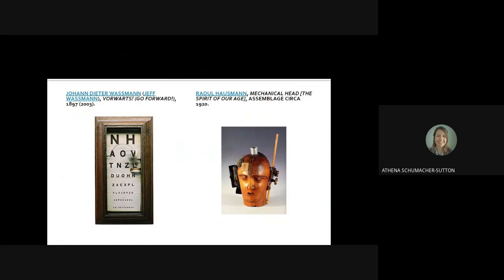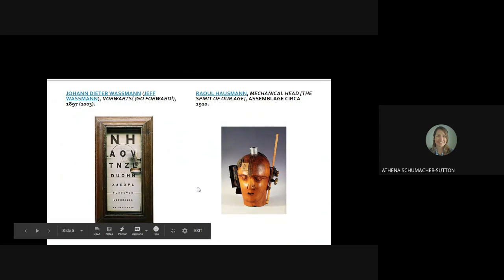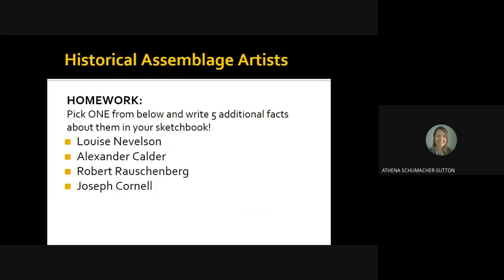You guys can look at these links for more artists and examples. So for homework in your sketchbook, I want you to pick one of these 4 artists and write 5 additional facts about them in your sketchbook. So Louise Nevelson, Alexander Calder, Robert Rauschenberg, and Joseph Cornell. These are historical artists.